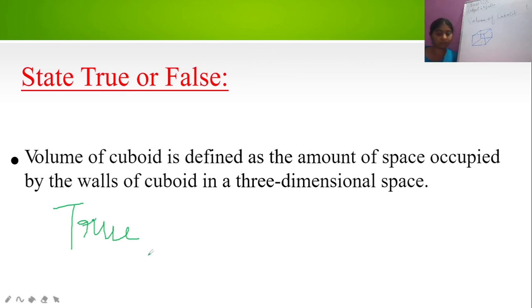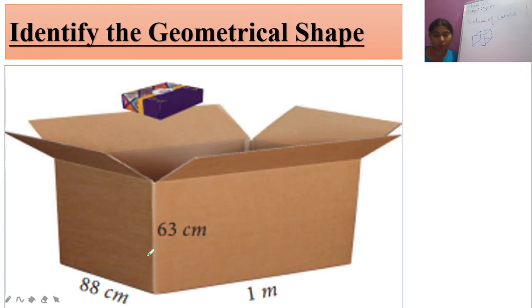Okay. Now students, come forward. You have to identify the geometrical shape in front of you. What is that geometrical shape? Do you see any cuboid or any other thing? Yes, we have a cuboid, right? We have a cuboid in the form of two things, students.